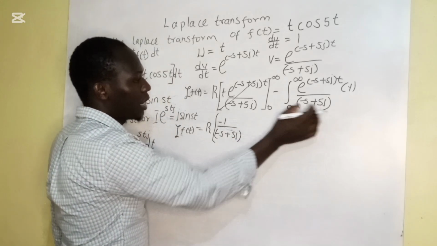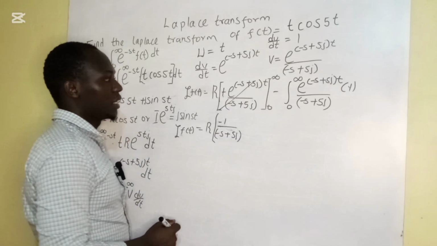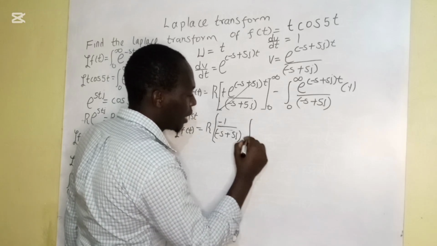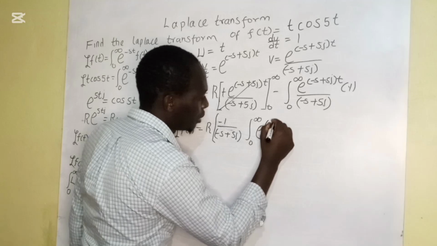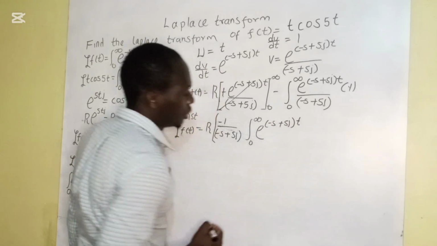Here we come and factor out our denominator, we multiply by this negative, we multiply by an integral of exponential negative (s + 5j)t.